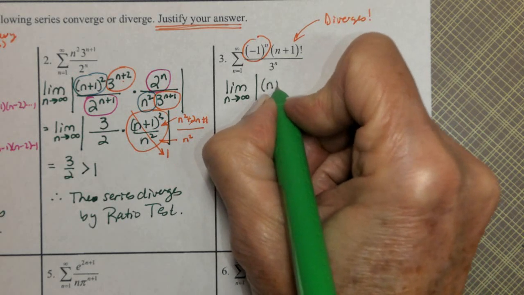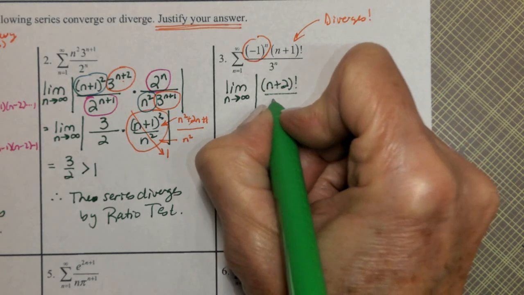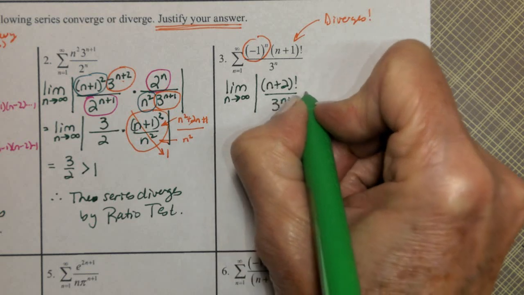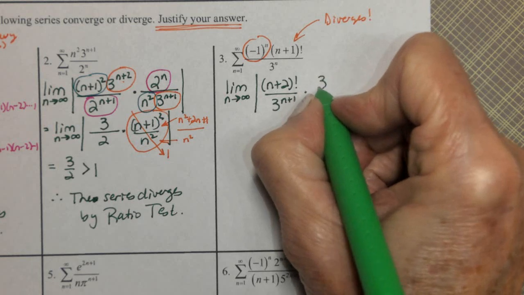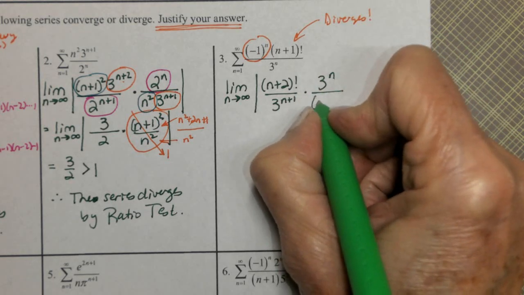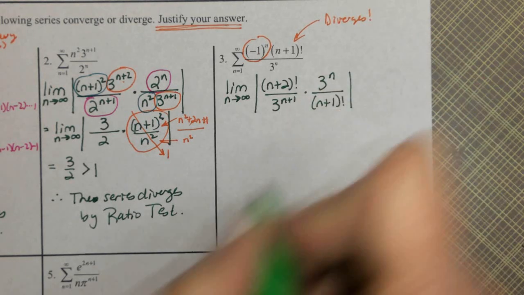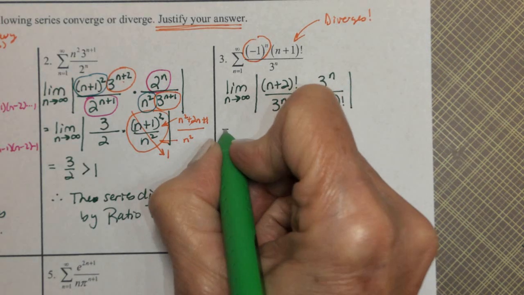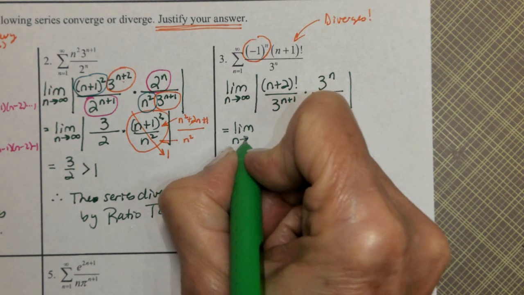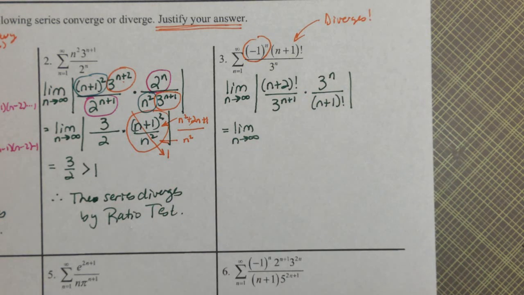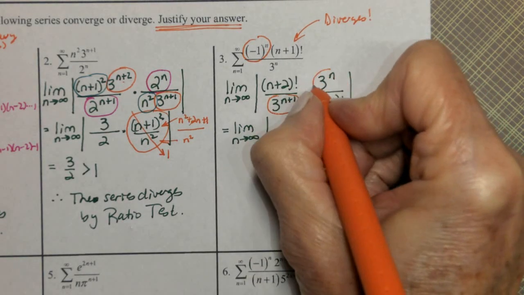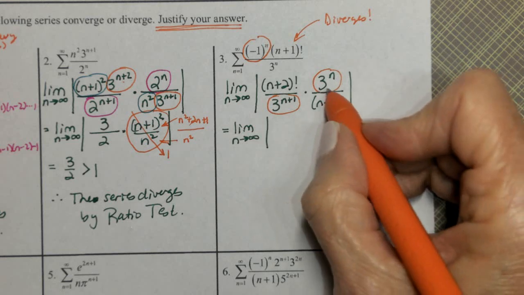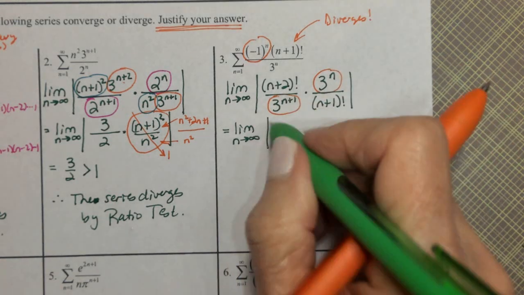So this will be n plus 2 factorial divided by 3 to the n plus 1. I'm multiplying by the reciprocal of the a sub n term, so 3 to the n over n plus 1 factorial. Time to clean up. Okay, so how do the 3's reduce? The 3's reduce to a single 3 on the bottom.